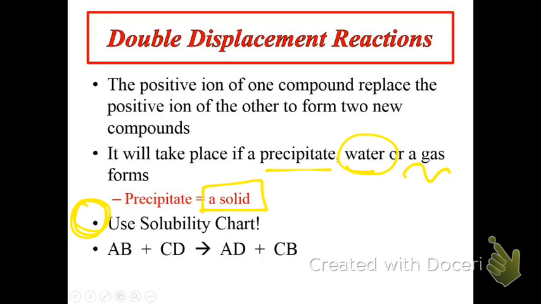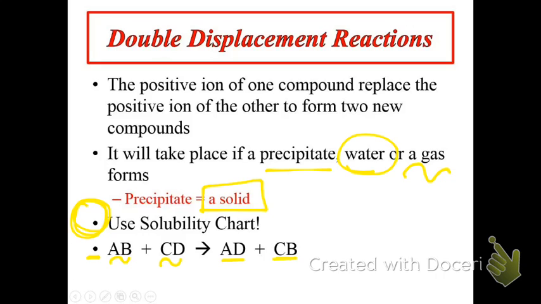Here's an example of what happens in generic equation form. You have a compound AB and a compound CD, and all that happens here is that they break up. A, who was originally with B, is now with partner D, and C, who was originally with partner D, now hooks up with B. So basically they are breaking up and switching partners.